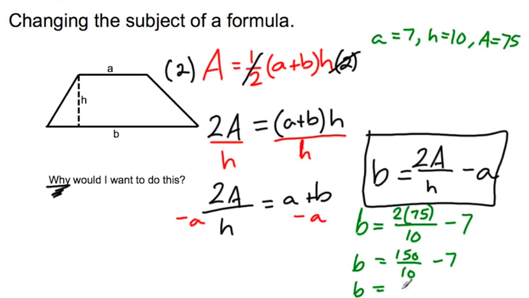So b equals 15 minus 7. Or, as we squeeze it in over here in the corner, b equals 8. So changing the subject of a formula allows me to move values around, move unknowns, so that my answer doesn't require any shifting around later.